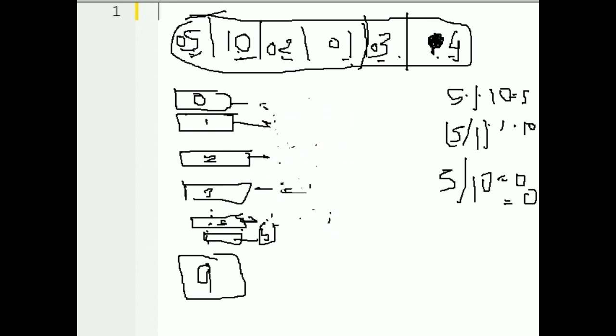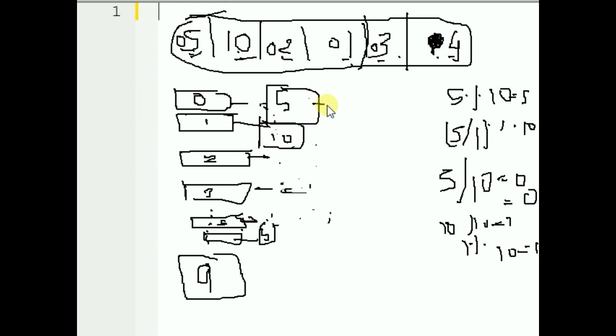So 5 would come here, then for 10, 10 divided by 10 equal to 1, 1 mod 10 equal to 1, so at the ones column here 10 would come here, then all the other elements would come here in this manner, 2, then 3, then 4.